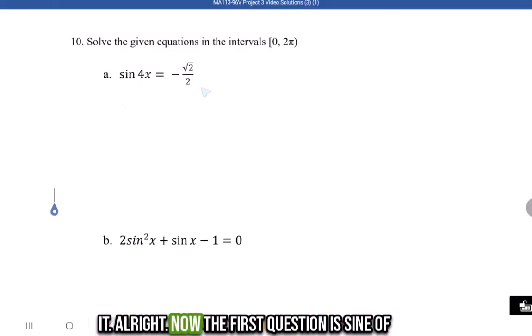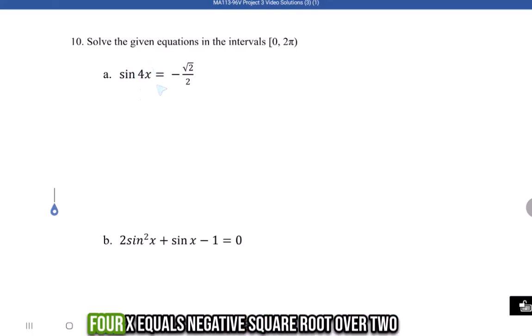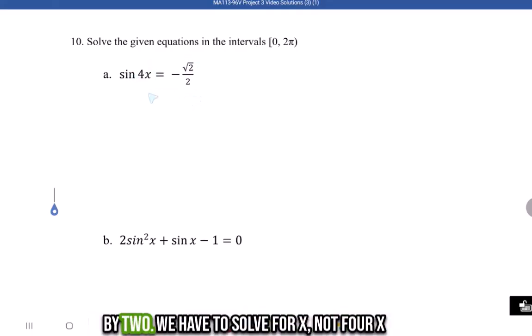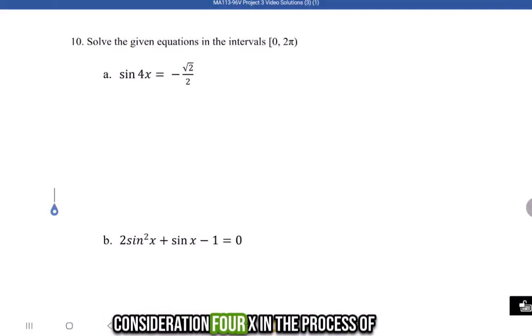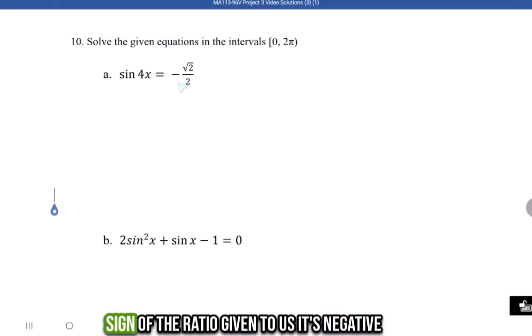All right. Now, the first question is sine of 4x equals negative square root of 2 by 2. We have to solve for x, not for 4x. However, we will have to take into consideration 4x in the process of solving it. So let's begin by looking at the sign of the ratio given to us.